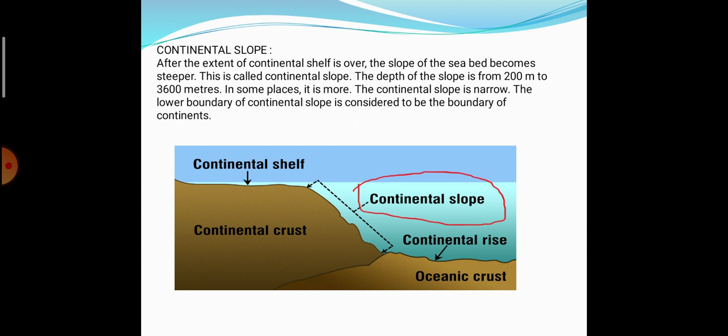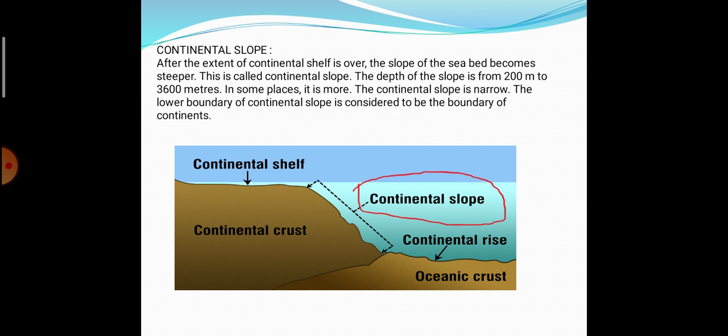The second is the continental slope, which is a steep slope. After the extent of the continental shelf is over, the slope of the seabed becomes steeper. This is called the continental slope. The depth of the slope is from 200 meters to 3600 meters.